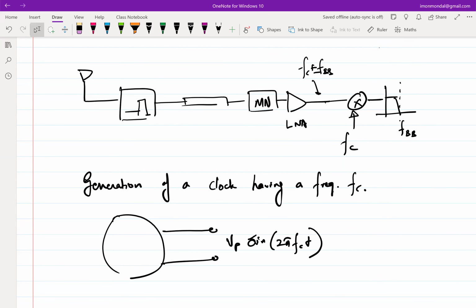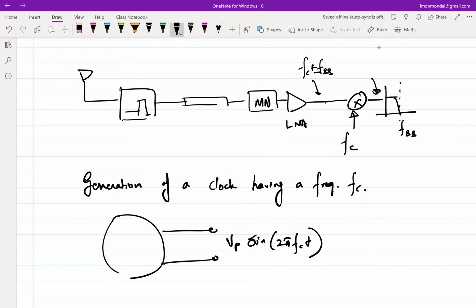Obviously you don't want VP to be 0, but it doesn't have to be a precise value. Higher is better, because the input of the low pass filter will also have this VP term multiplied in the multiplication factor. So higher is better, but VP doesn't have to be some precise value.